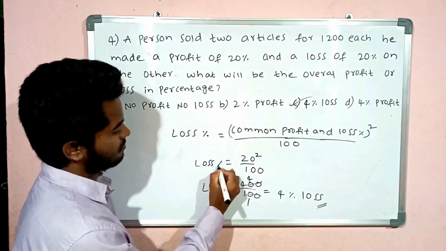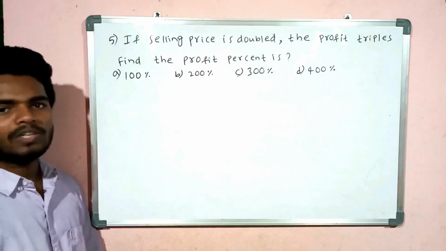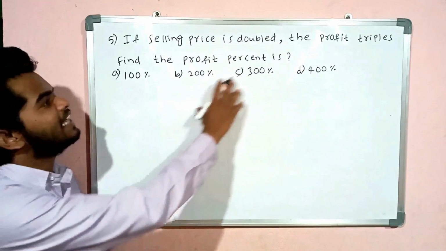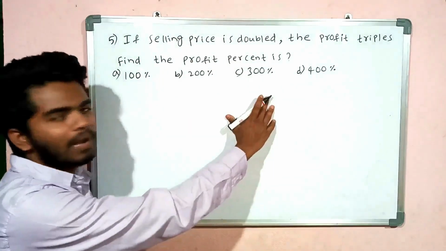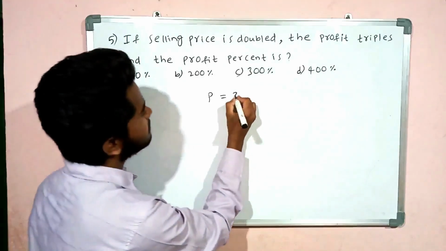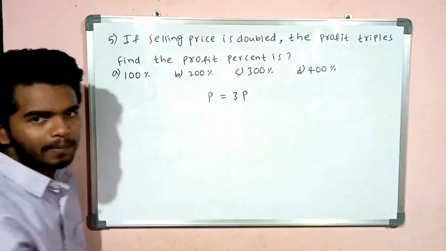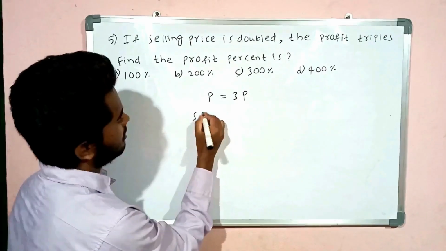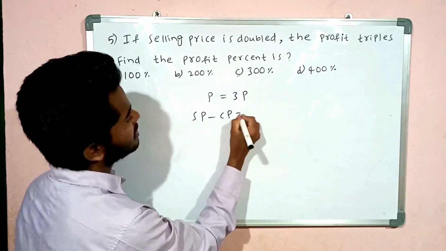Question number 5. If the selling price is doubled, the profit triples. Find the profit percentage. Profit equal to 3 times of profit. Profit equal to selling price minus cost price.